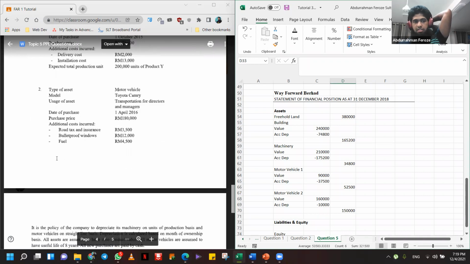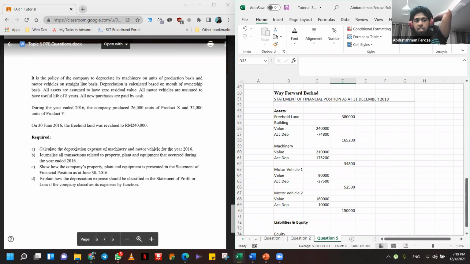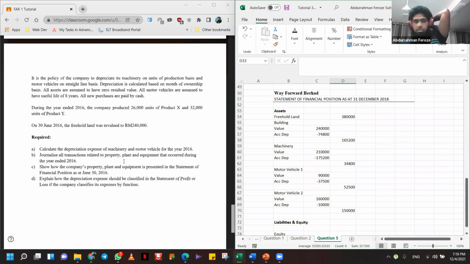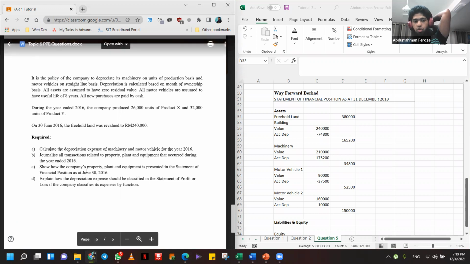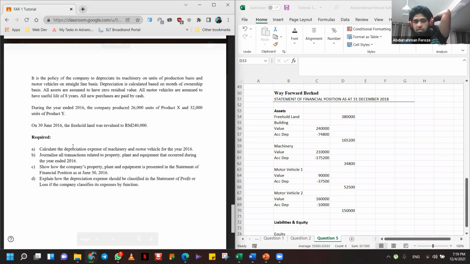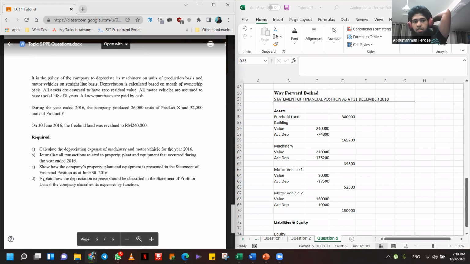If you're able to do question 6 fully, as in they have asked to calculate depreciation expense, to journalize all transactions, which we did in question 5 as well. And then they asked to show how the company's property, plant, and equipment is presented in the statement of financial position. Once again, something we did for question 5. And lastly, explain.